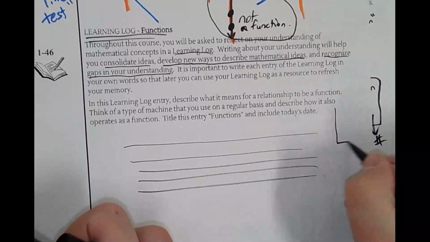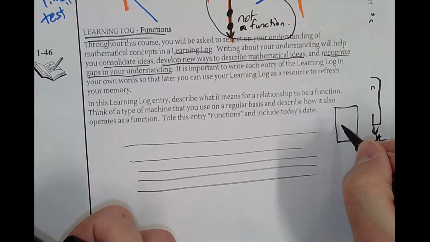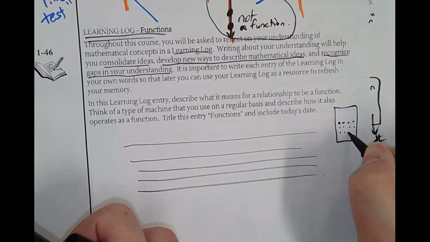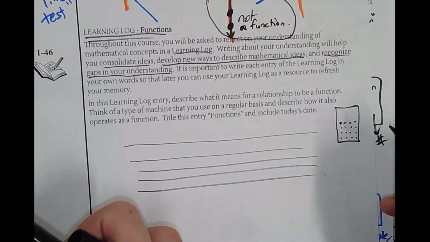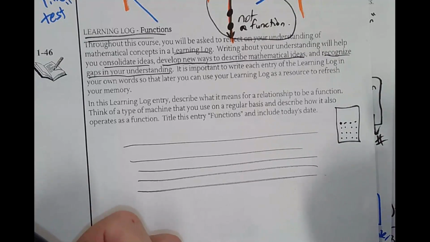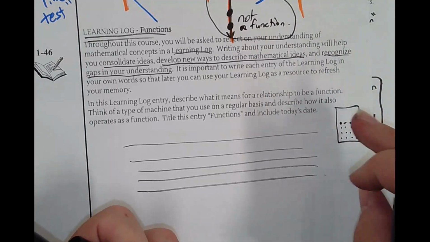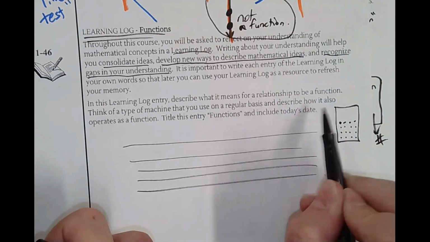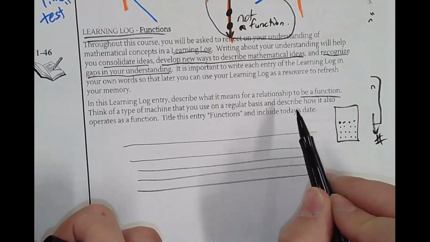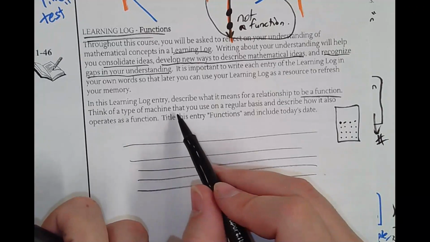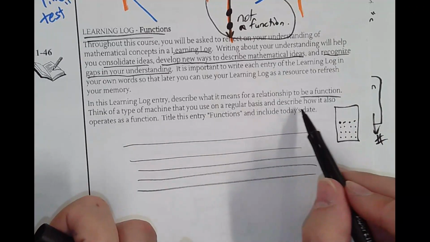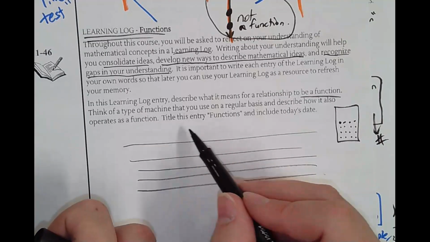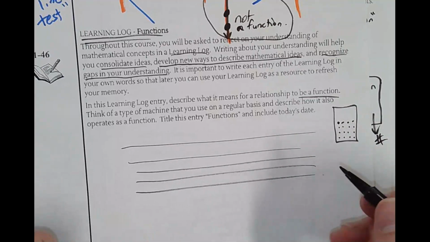Maybe you want to talk about the vending machine with the buttons. Is it a function if I press multiple buttons and it gives me the same thing? Is it a function if I press a button and it gives me different things? Write about what it means to be a function. Think of a type of machine that you use on a regular basis and describe how it also operates as a function. Title this entry Functions and include today's date.